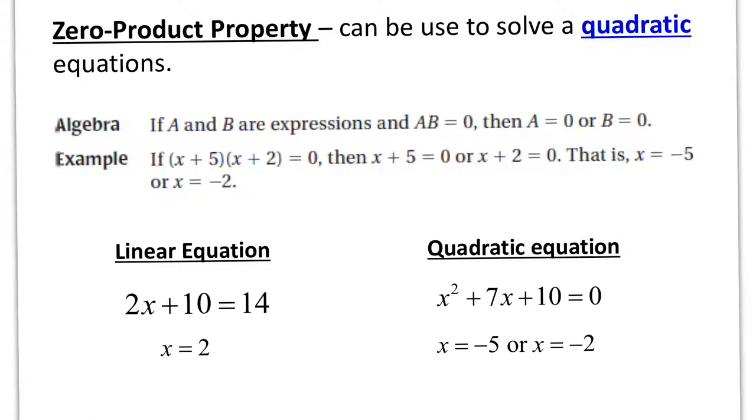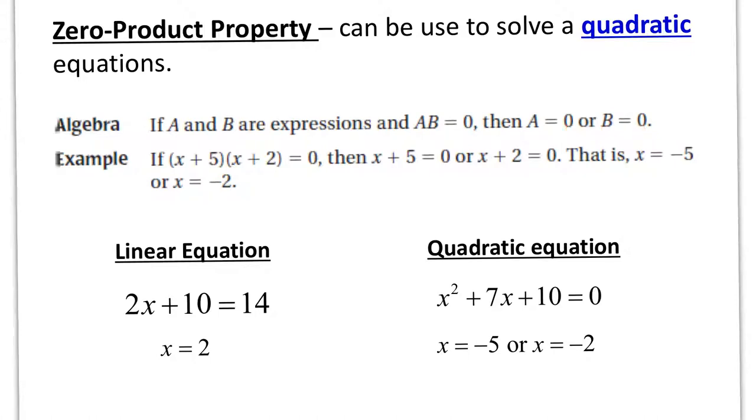What that means, guys, is that one of those 2 expressions or one of those numbers has to be 0, because in order to get an answer of 0 when you multiply, you have to multiply by 0. Anything times 0 is going to equal 0. So the problem is that we don't know which one of these 2 is going to be the 0 value. So that's why we make 2 different equations. We can say a equal to 0 or b equal to 0.